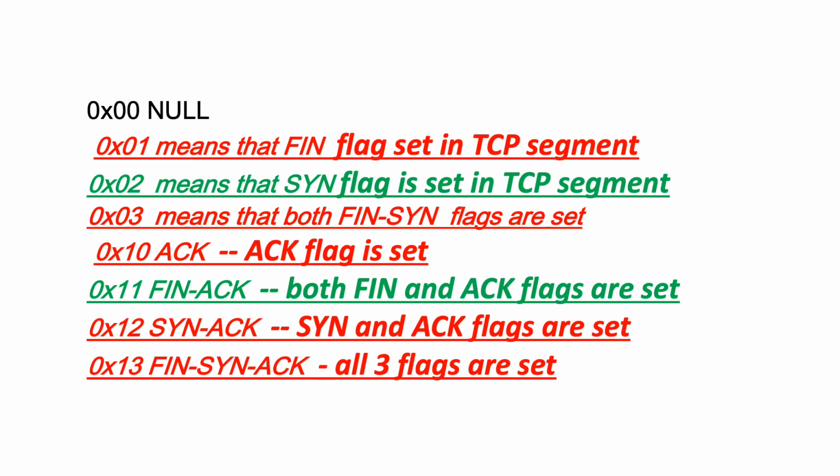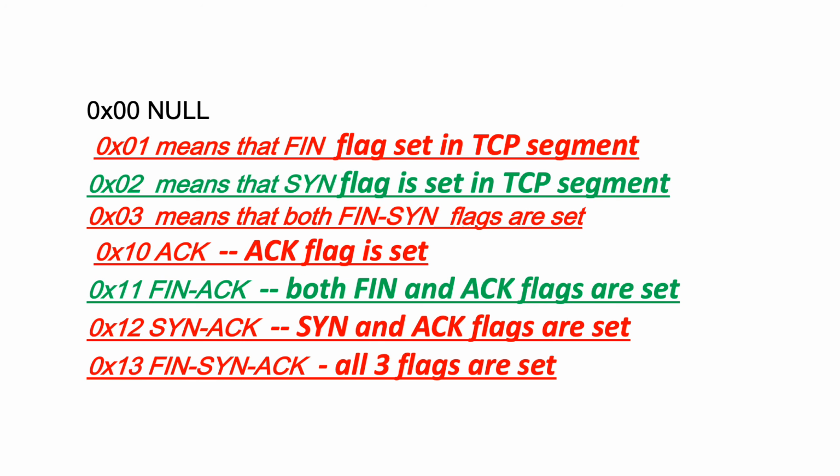So let me describe. If you see in the TCP header the value in the control flag 0x01, and these are hexadecimal representations, so basically you see something called 0x01.